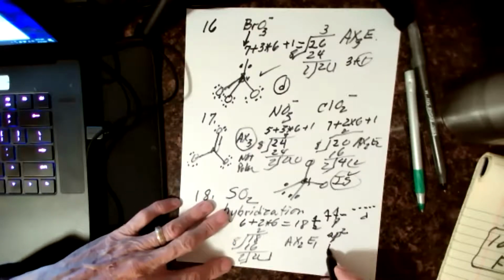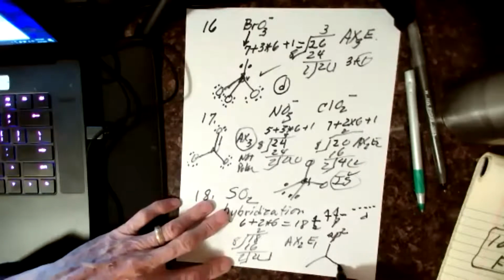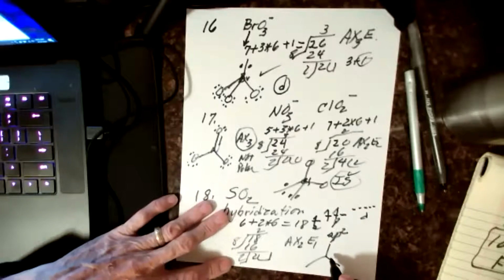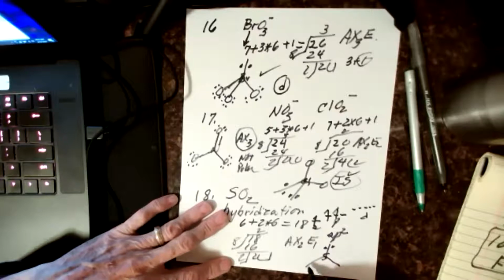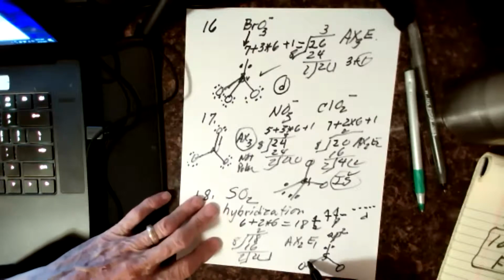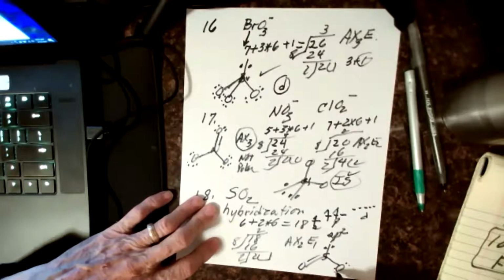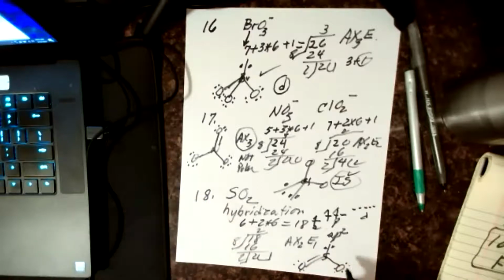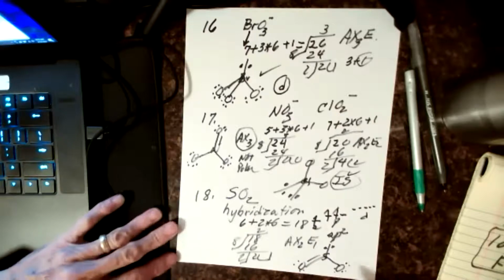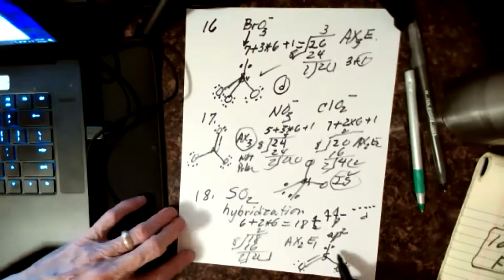And sp2 is in this trigonal planar shape. If I want to put the sulfur here, it will have one lone pair here and an oxygen here. And of course, there'll be resonance structures. One of them would formally be a double bond and one would be a single bond, but it resonates between the two. So this is what the shape looks like.